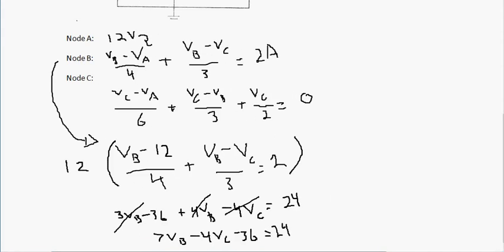So 7 VB minus 4 VC equals 36 plus 24, which is 60.